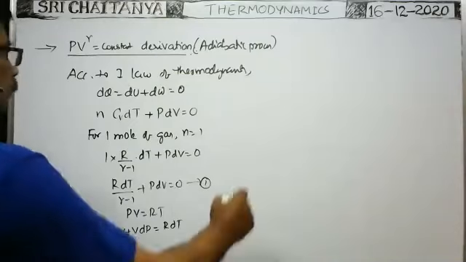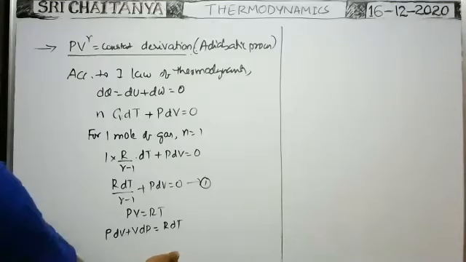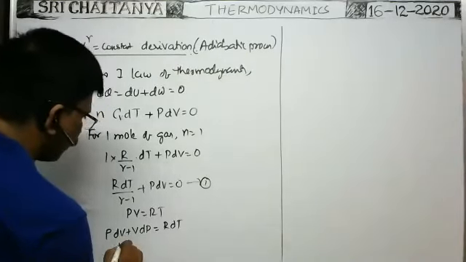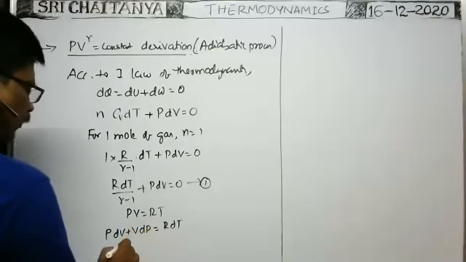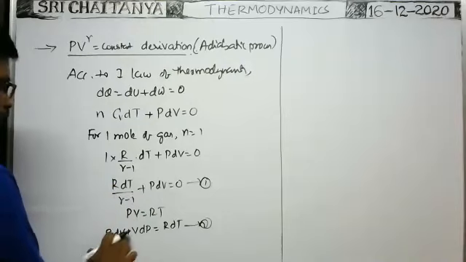Now from this formula, dT is equal to PdV plus VdP by R. Keep it like this. It is equation 2. Put 2 in 1. Instead of R into dT, we can substitute this one.